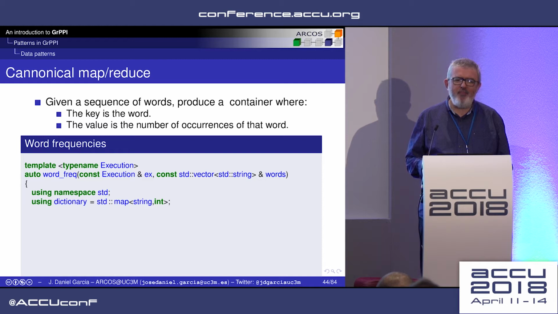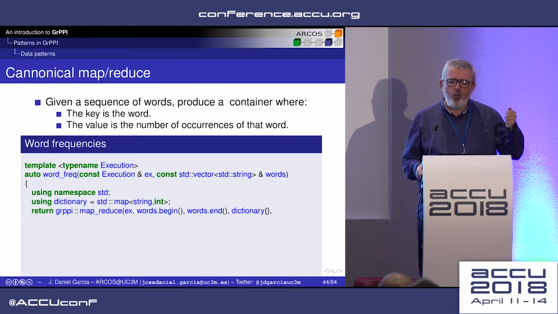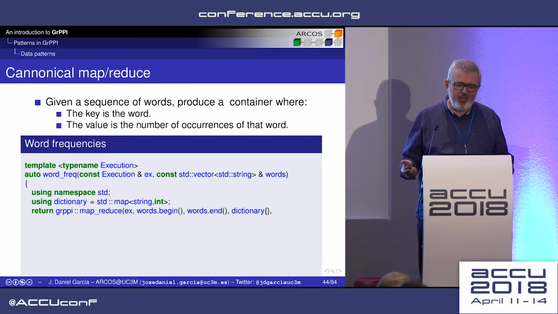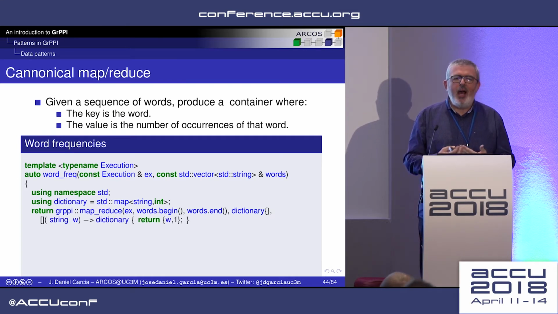My map phase would be, I take one string and I produce a dictionary having only one word with frequency 1. And my reduce phase is I take two dictionaries and I merge them, adding values for those that have a common word. That's it.